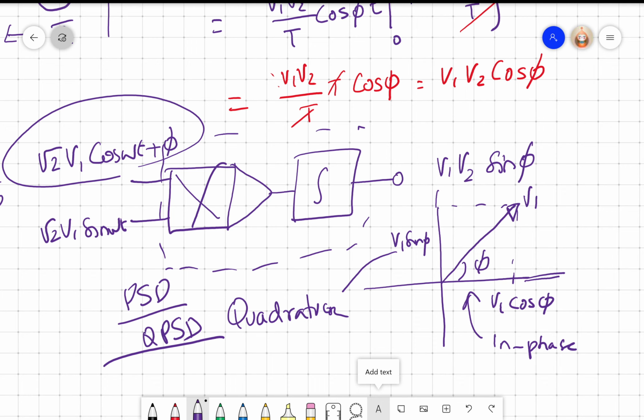So this is a 90 degree shift, actually minus 90 degrees, right? Then I get an output which is proportional to the sine of the phase angle between the first input and the second input.